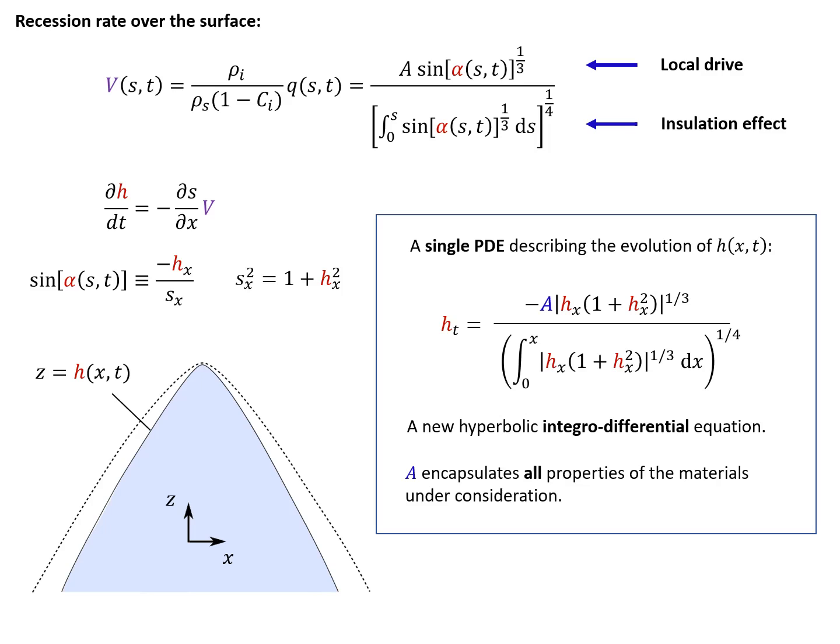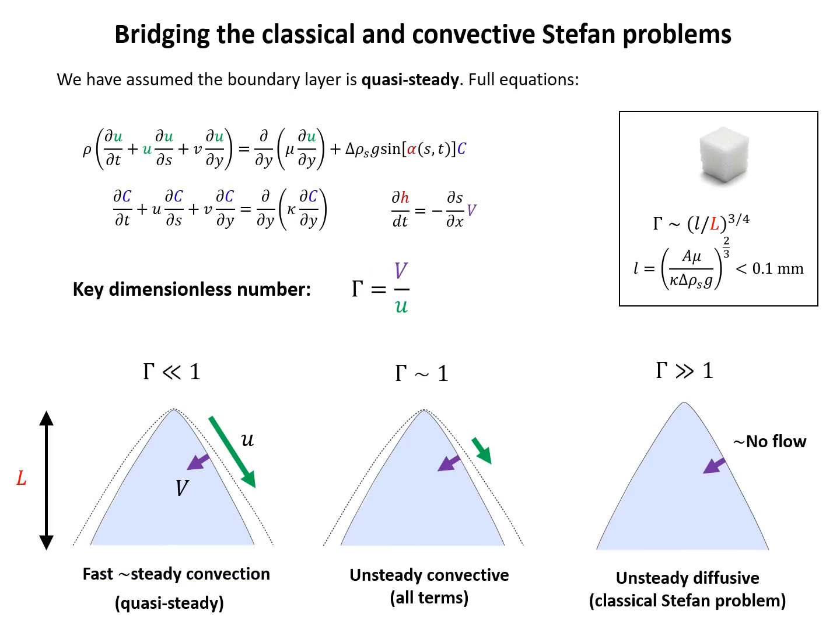And the parameter A is a material parameter which will be dependent on the configuration that you're thinking about. Just before thinking about solutions to this model, I'm going to return to this question of the assumption of steadiness of the boundary layer equations. And what I've shown here are the general unsteady equations.